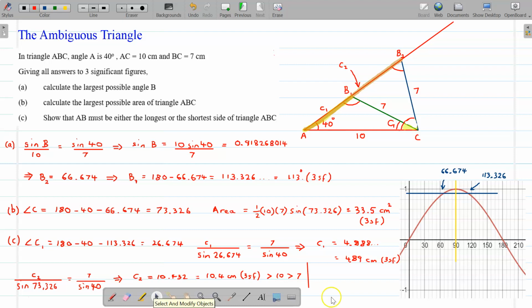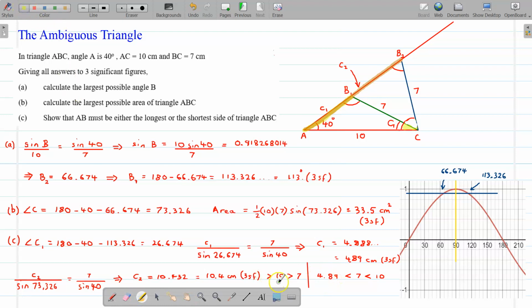I can also say as a separate statement that 4.89 is less than 7, which is less than 10. In other words, I'm showing that in that case, c1 is the shortest possible length of the side. So we just about got there.